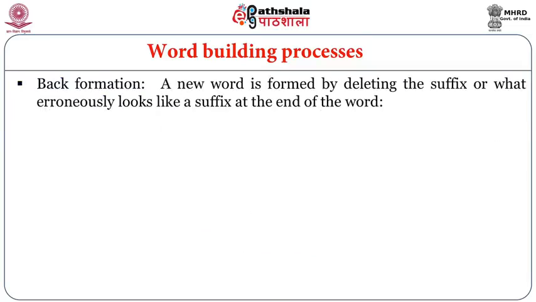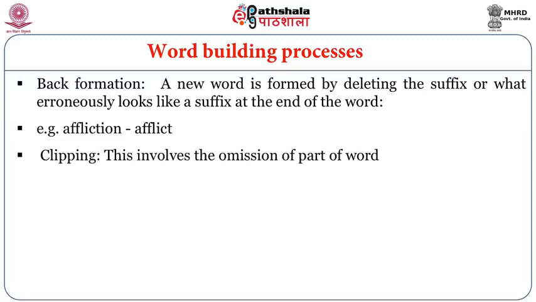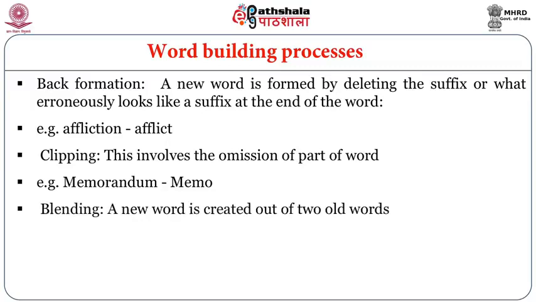Now we have back formation, where a new word is formed by deleting the suffix or what erroneously looks like a suffix at the end of the word, like affliction, afflict. Clipping involves the omission of part of a word, like memorandum, memo. Blending: a new word is created out of two old words, like smog, a blend of smoke and fog.